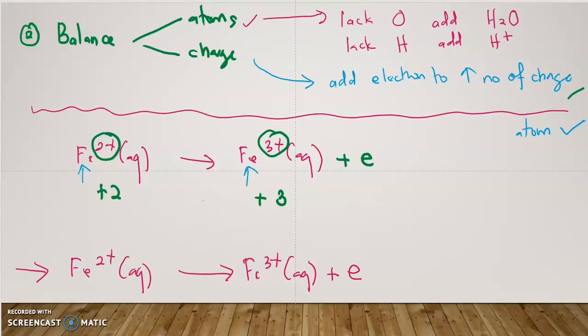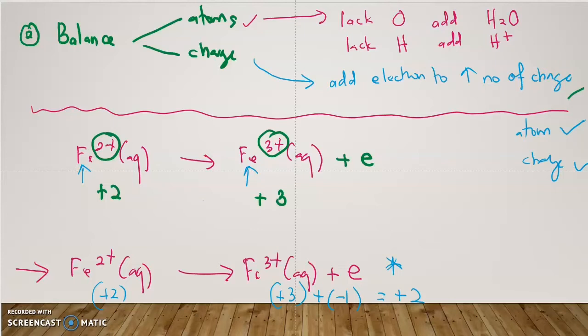And if we look at the charge, this is positive 2, this is positive 3 plus negative 1, equal to positive 2. So in terms of charge, also balanced. This is how we balance the half equation. We have to keep this equation for the further part.